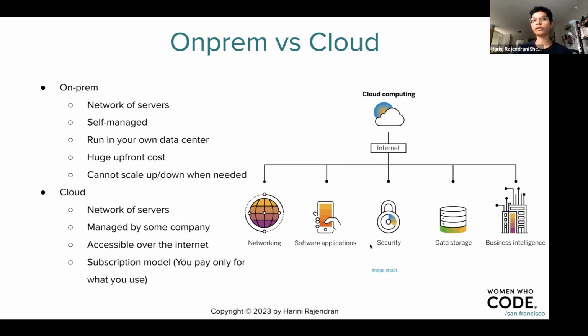It's very important that the cloud providers provide enough security so that we can trust them and give them our data or our application. They also take care of storing the data for us. They provide infrastructure to do some sort of business intelligence on top of our data. So cloud computing is a huge world in itself, and there are just so many different things that you can do using it.